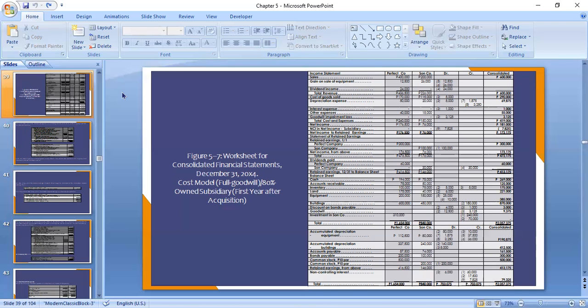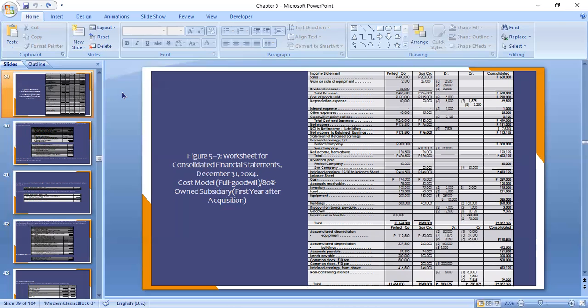And after the elimination entry, for example, you have your depreciation of Perfect, 50,000, then we have 20,000. That's supposed to be a debit.